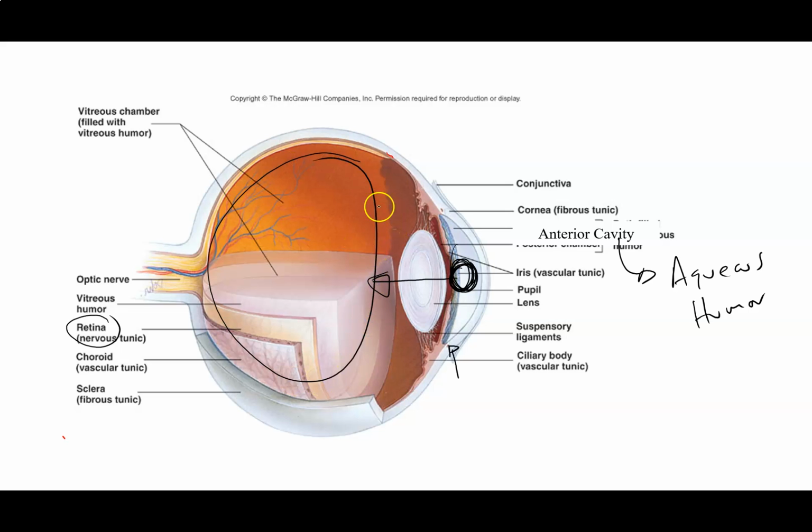The space back here is posterior to the lens and bounded by the lens, the suspensory ligaments, and the retina. This space is known as the posterior cavity, sometimes known as the vitreous humor.